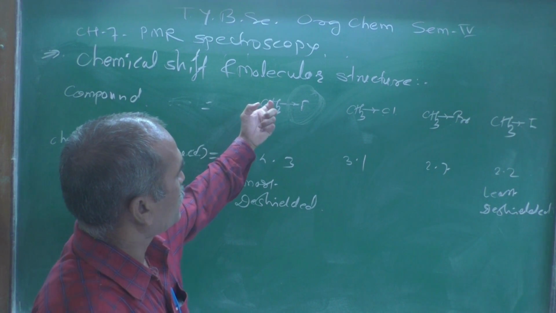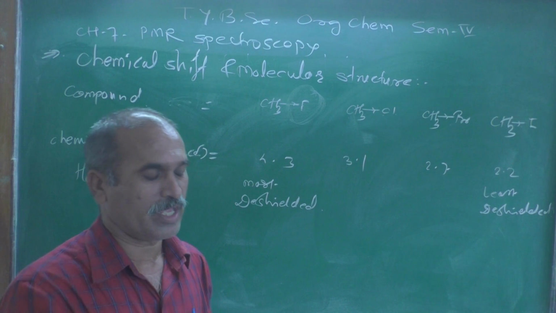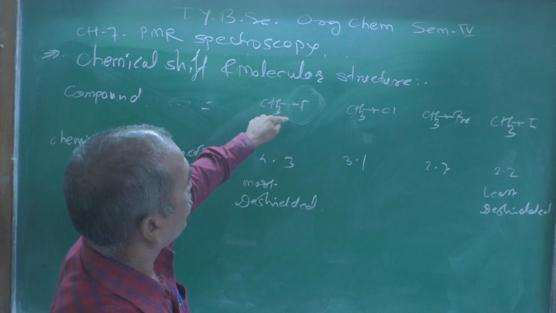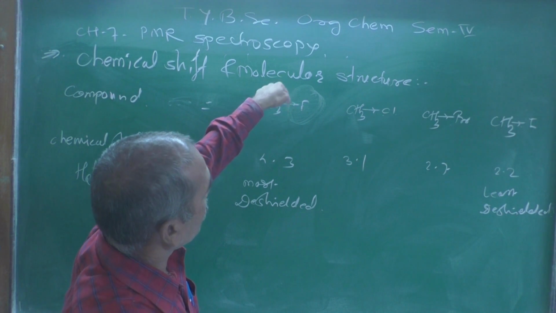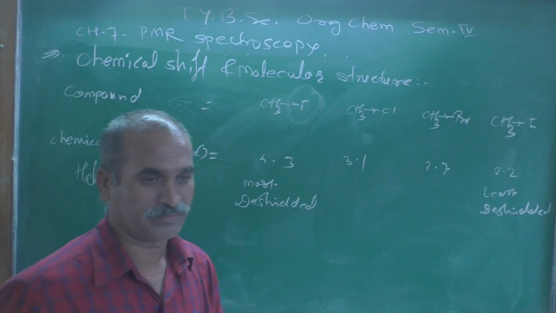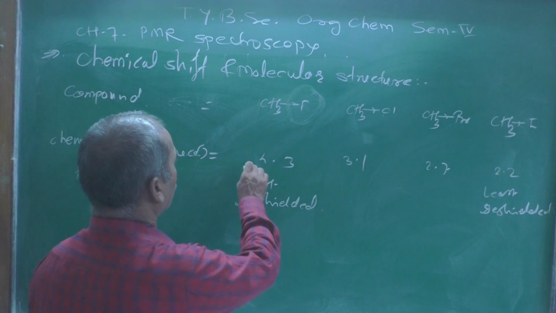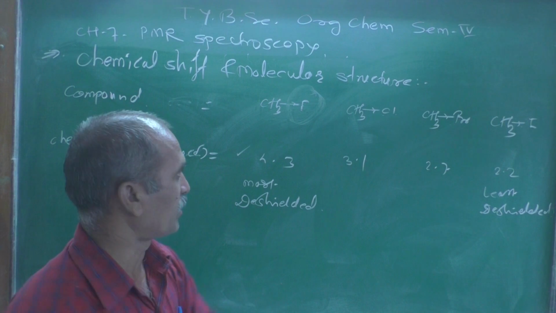Ultimately, these protons experience a de-shielding effect, and because the electronegativity effect is greatest in the first molecule, the chemical shift value is found to be 4.3.